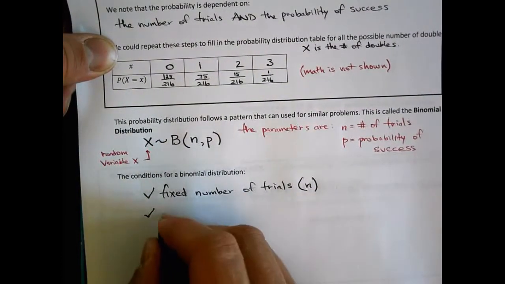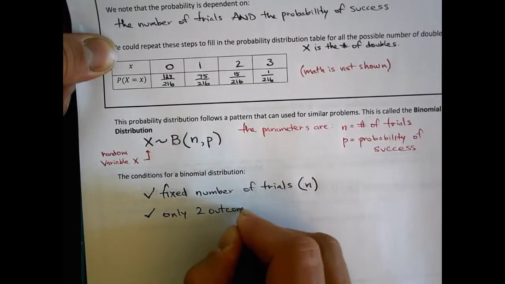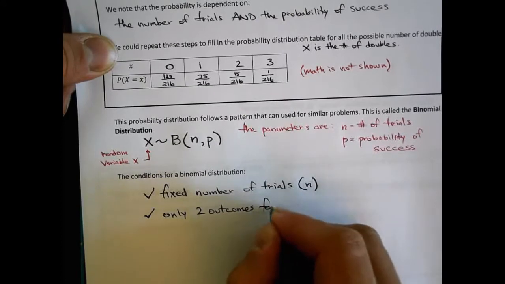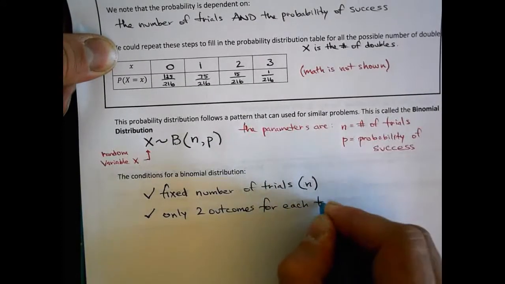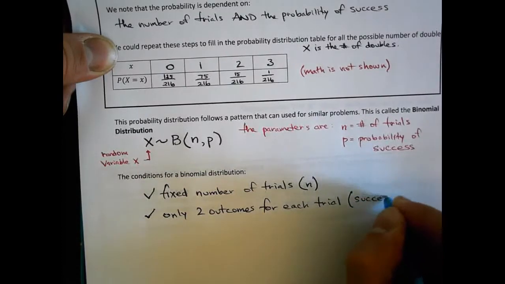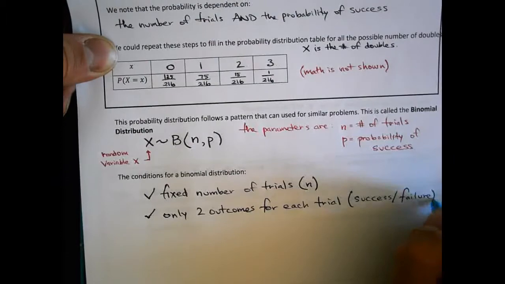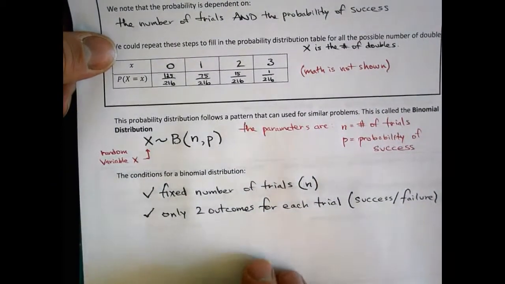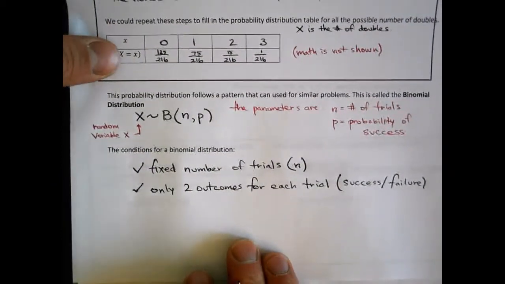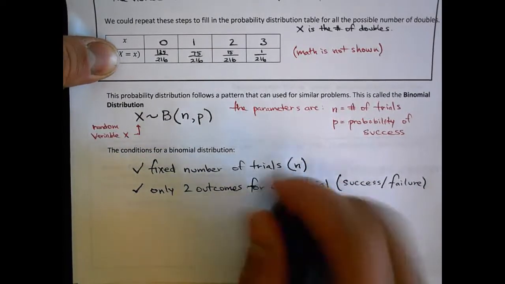The second thing is there are only 2 outcomes for each trial. So you have either success or failure, and this is really important. It's a very simplified tree that only has success or failure. And you'll see that in the example we just had, we looked at either rolling doubles or not rolling doubles.